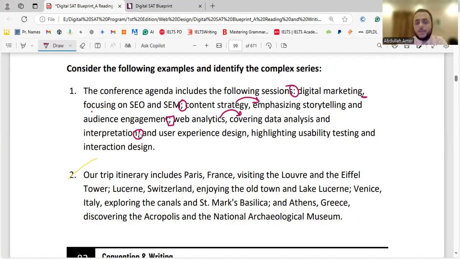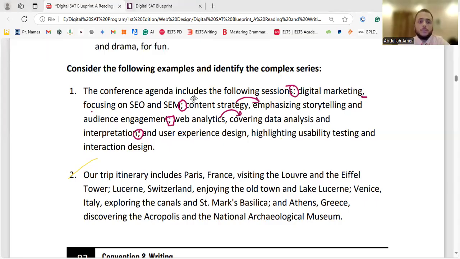So as you see here, semicolon, and is the final part. Okay, do you have any questions, guys? Any other questions before we go?